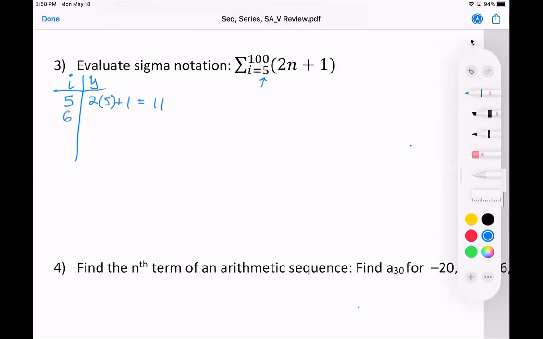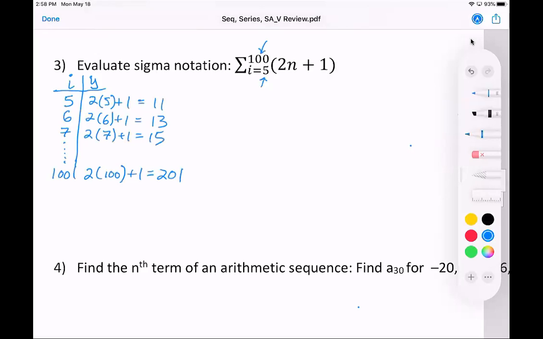If you plug 6 in, you get 2 times 6 plus 1, so that's 13. If you plug 7 in, you'd get 2 times 7 plus 1, that's 15. And then you keep going on and on until you plug in the last number, which is the 100. That would be 2 times 100 plus 1. That's 201. So can you tell, based on this pattern that we have, what type of series?